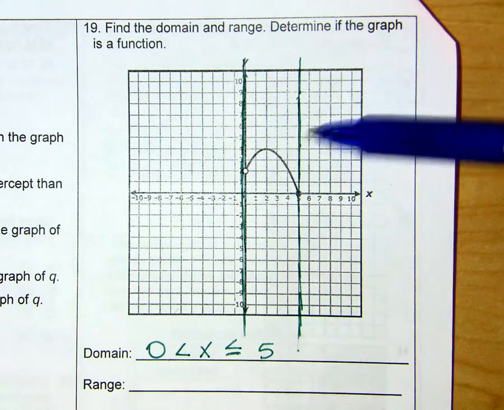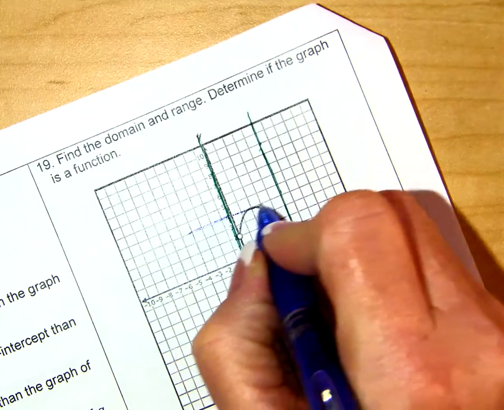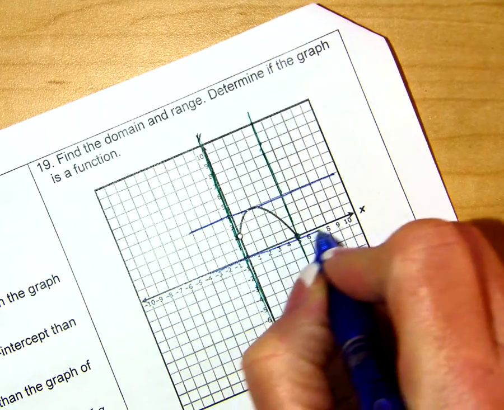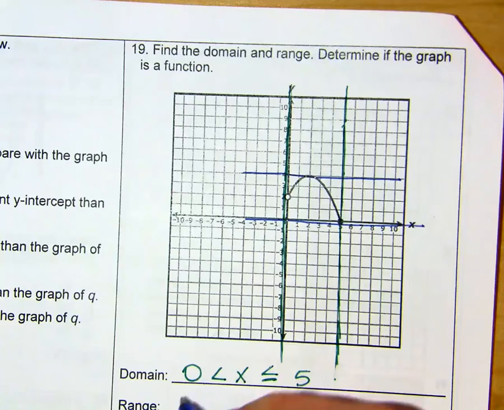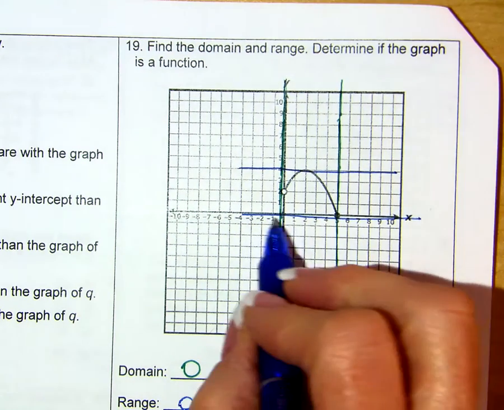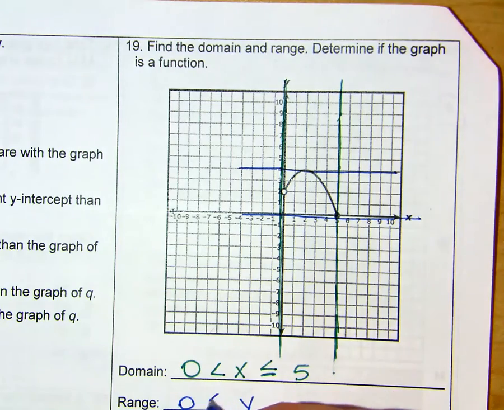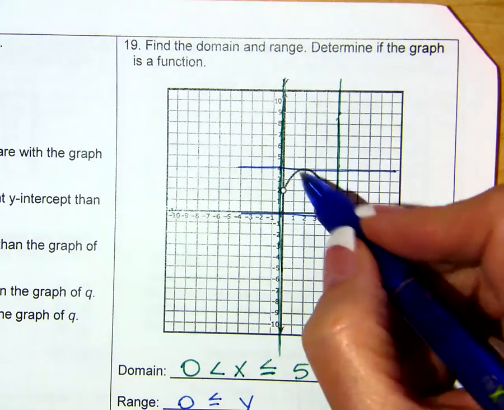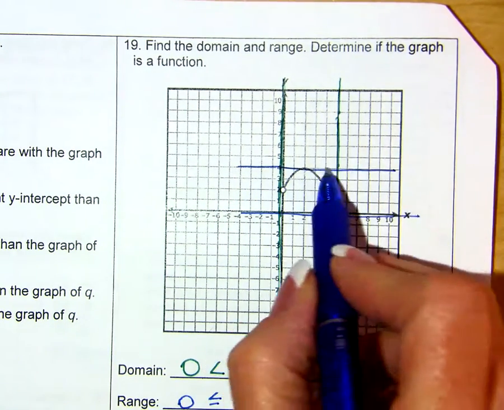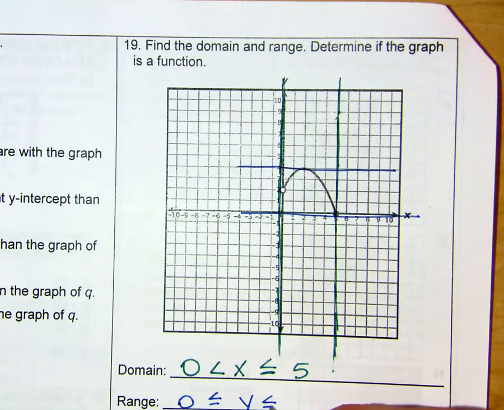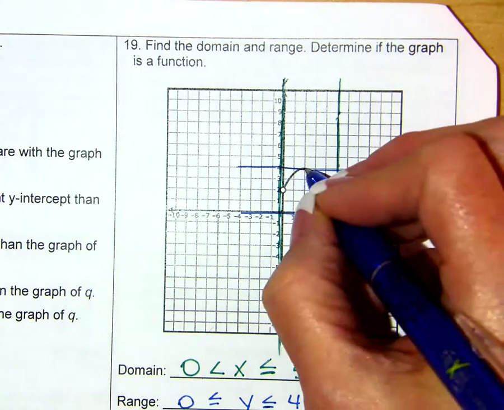Now our range goes up and down, so we need to have a ceiling and we need to have a floor. Our floor is 0. Our y goes in the middle. And it is equal, because that is a closed dot, so we're going to say less than or equal. And up here, our ceiling is a 4, and that also is equal because it is closed there.